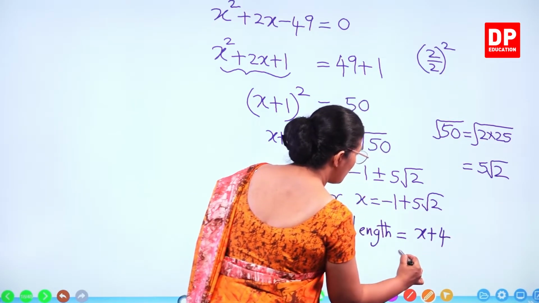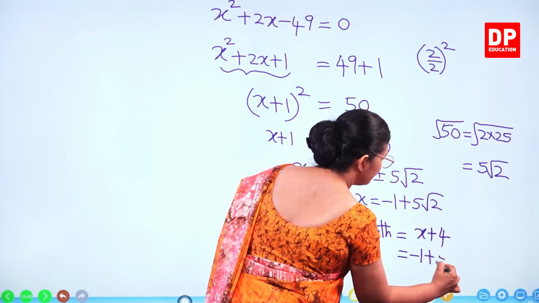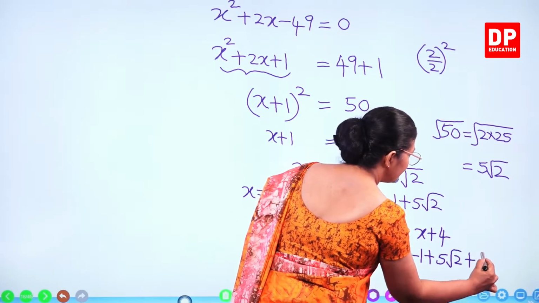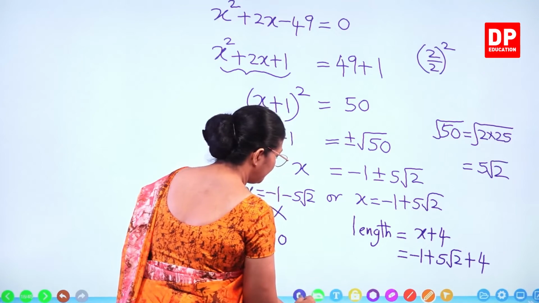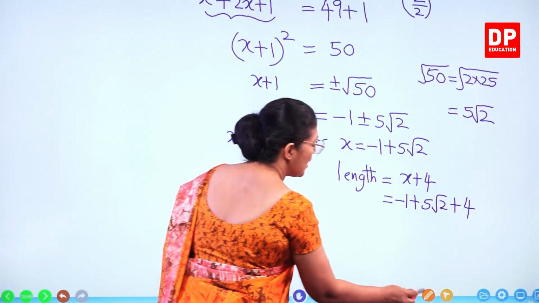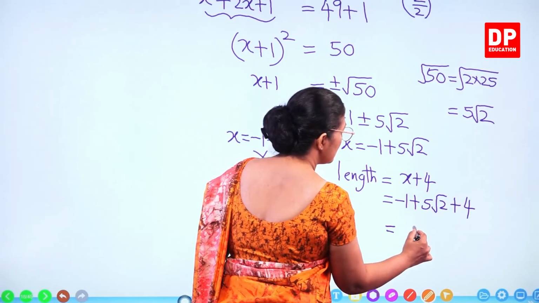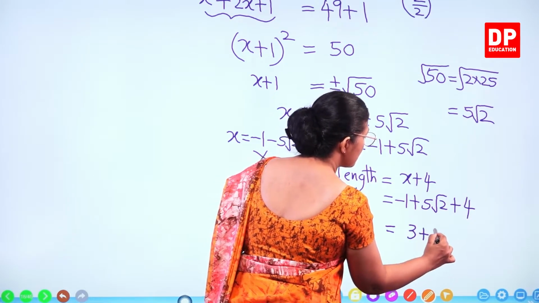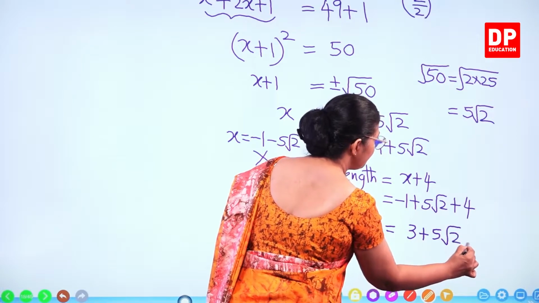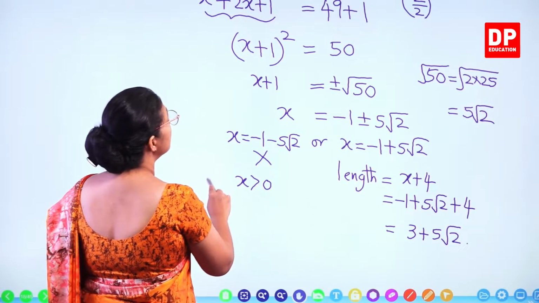So when you add 4 to this, what happens? 4 minus 1 is 3. So you get 3 plus 5 root 2 is the length.